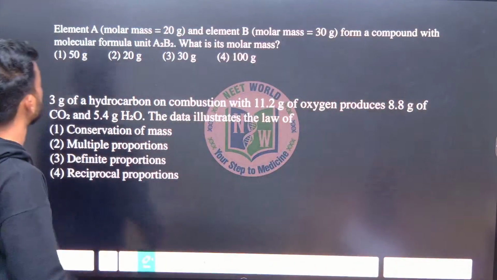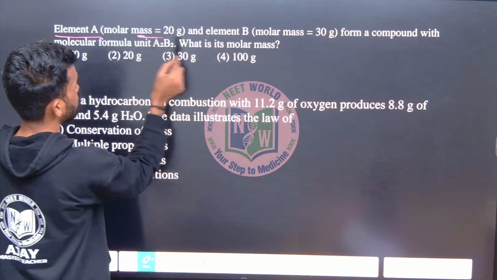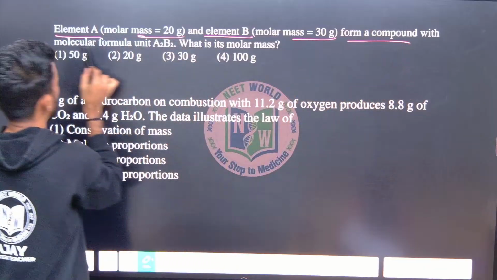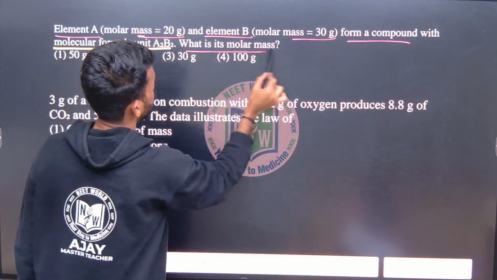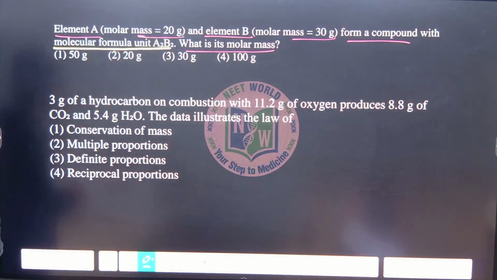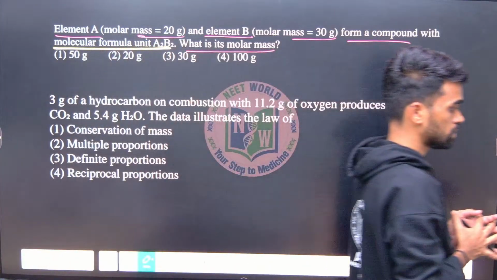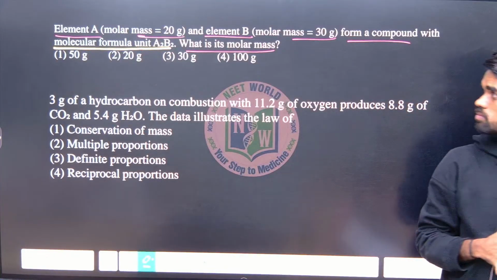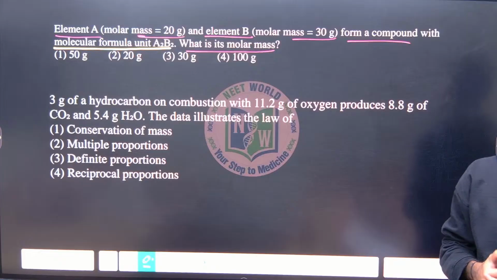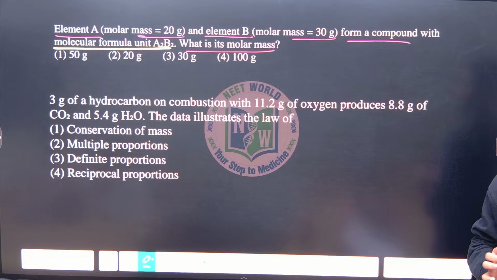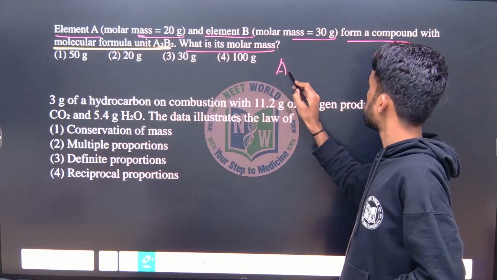Look here. Element A having molar mass 20 and element B having 30 form a compound with molecular formula A2B2. What is the molar mass? So tell me, very easy. What is the molar mass of this A2B2?